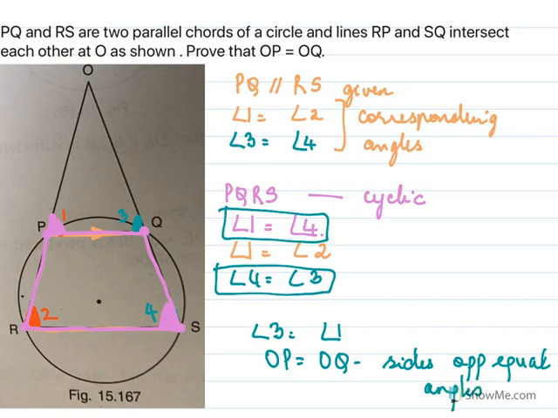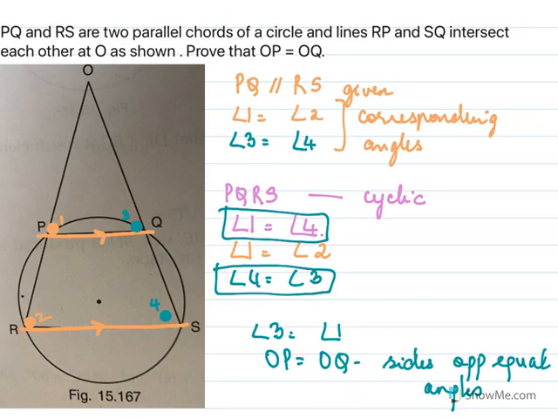And I have proved it. Let's go over it again. So I have these two lines parallel, and because these two lines are parallel, I can say these two angles are equal, and I mark them as angle 1 and angle 2, and on the other side we have these two angles equal, that is angle 3 equal to angle 4.